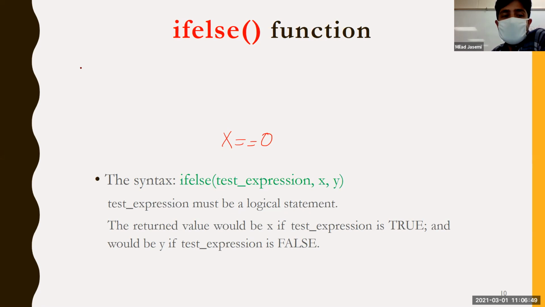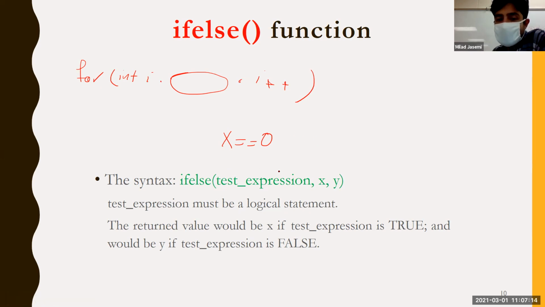Do you remember, for example, we had a for loop, we started with something integer, and after that here we had the test expression, and after that we had i++. So when it is a test expression, you just need to put something that you are telling R to test. For example, if x equal to 0.